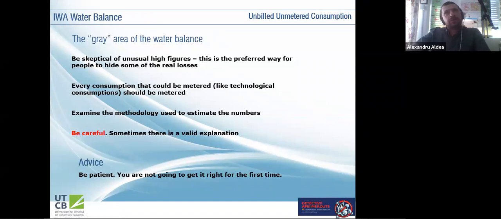Now, you have to be very patient with this component. In my experience, you are not going to get it right the first time. You need to build more data, because chances are, if you are starting to do the water balance and nobody around you has heard about the water balance, then nobody is used to these numbers or the terminology, and everybody will give you the data that they have at that point.